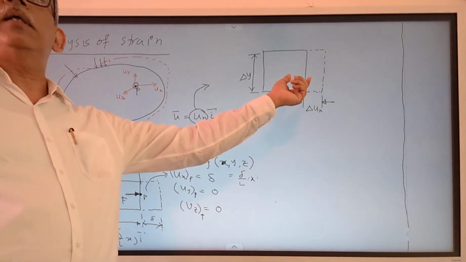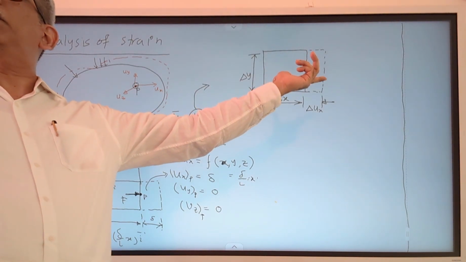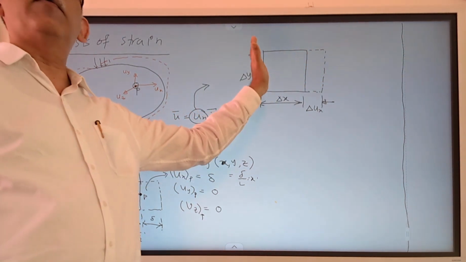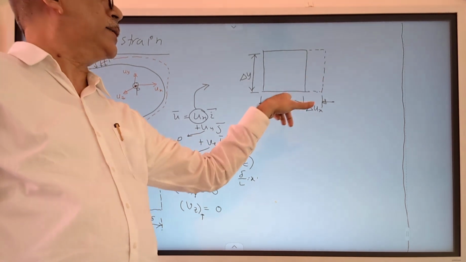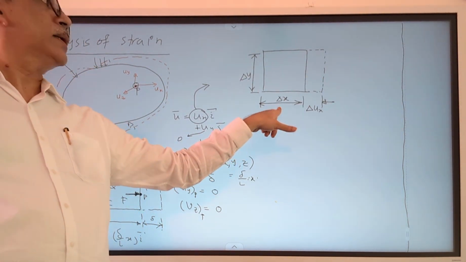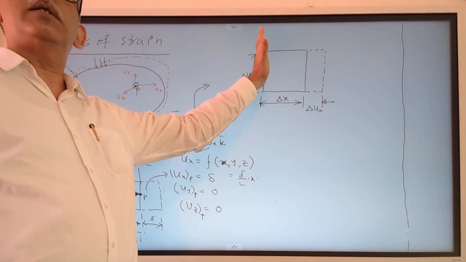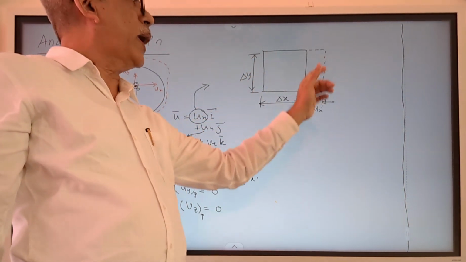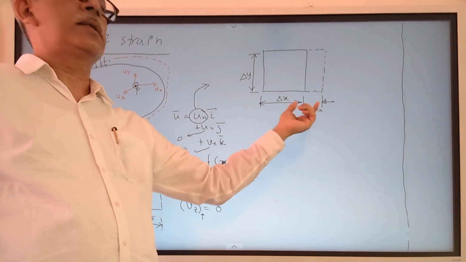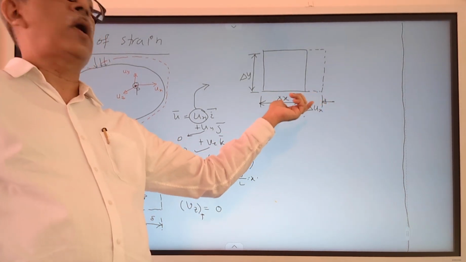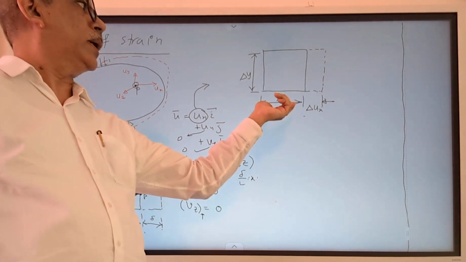Delta ux is the differential expansion that this bar has between its left edge and right edge over the length delta x. So if you consider the relative displacement, here the displacement is 0 and the displacement of the right side is given by delta ux. This much displacement occurs over the distance of delta x.